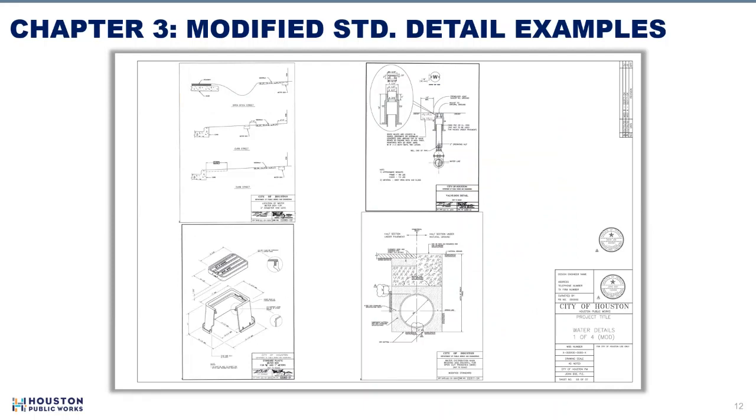This example shows 4 8.5 by 11 standard details on one sheet. Notice that 3 of the standard details retain the city engineer and Houston Public Works director's signatures. Therefore, we know that they have not been modified. Let's focus on the standard detail in the bottom right corner and the other areas bound in red.